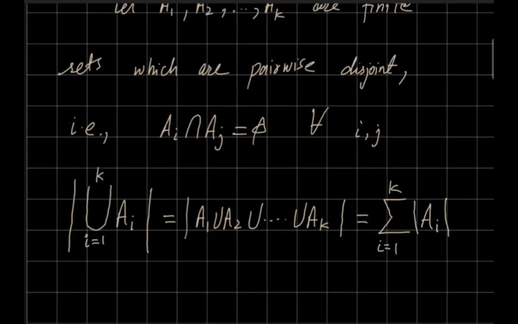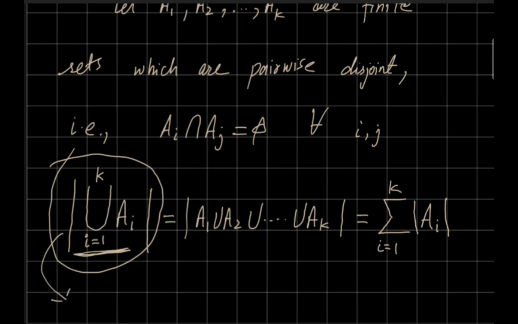Then the number of elements in the union of all these sets, the union of A1, A2 up to Ak, where this absolute value notation means the number of elements, is explained here.